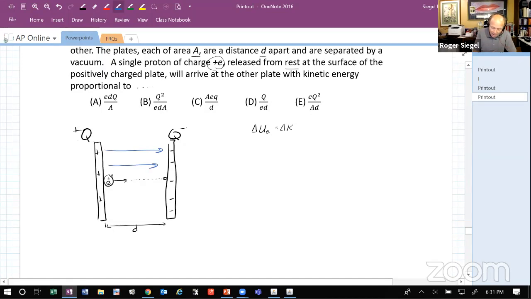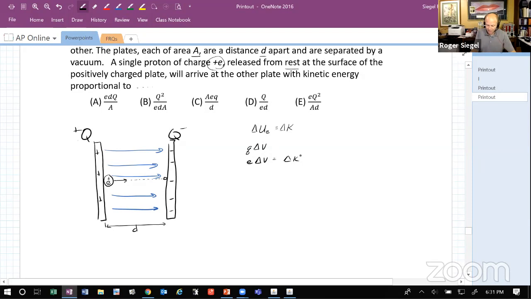It's the same everywhere. So since it's the same, I can use a very simple approach and say this is q and this is delta V. Whatever the charge is on here, not this capital Q, but this tiny little q, let that be e delta V right away. And that's going to be equal to delta K.